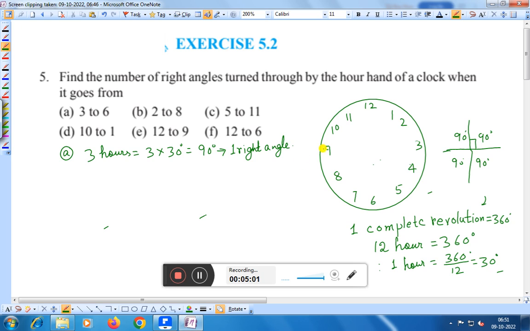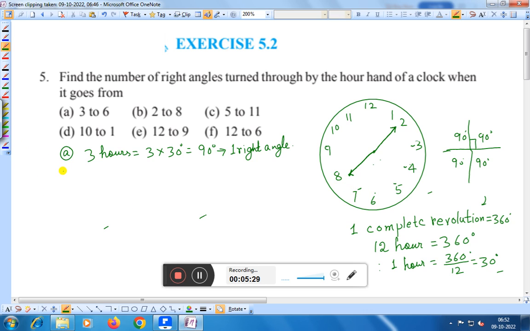This is the center of the clock. From 2, here it is 2, and it goes on clockwise to 8. Where is 8? This is 8. You count how many hours? 1, 2, 3, 4, 5, 6 hours.